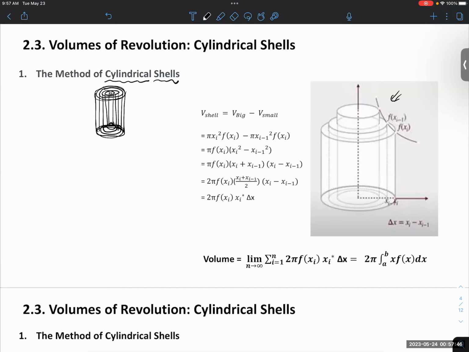Okay, so it's not that complicated. What is the formula to find the volume of the cylindrical shape? It's 2 pi r h, right? So this is the volume of one cylindrical shell. So 2 pi is part of the formula, and r represents the radius of the circle, h represents the height.